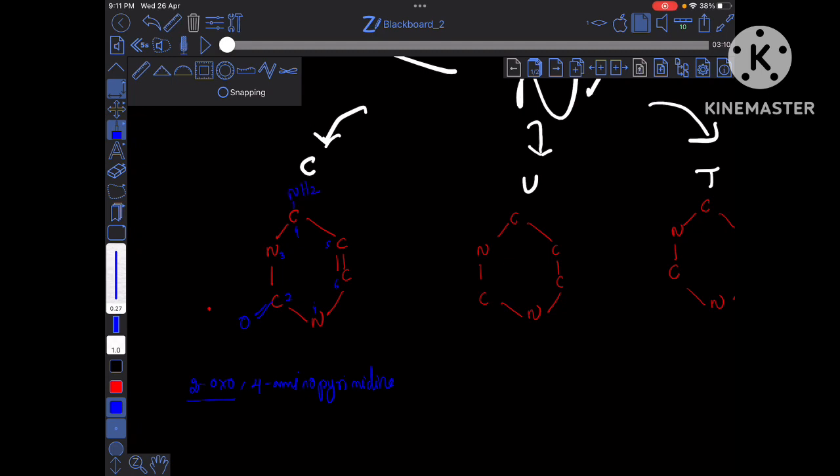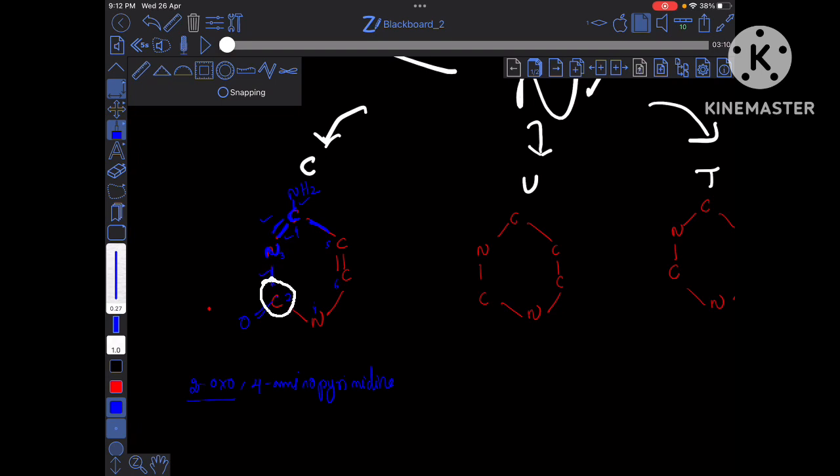Now start filling the valency. Carbon has 4 valency. In the case of the fourth carbon atom, only 3 is filled: 1, 2 and 3. So we can draw a double bond here. With respect to this third nitrogen atom, the valency is full: 1, 2 and 3.